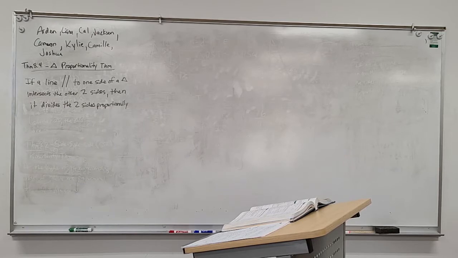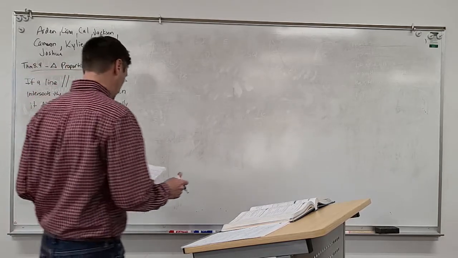A line parallel to one side of a triangle intersects the other two sides, then it divides the two sides proportionally. So what that looks like is this.